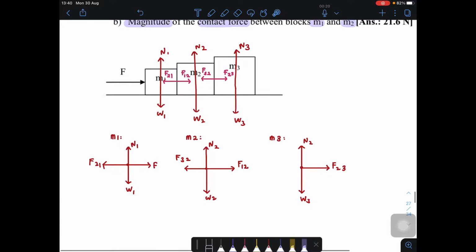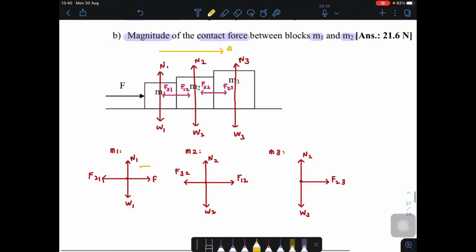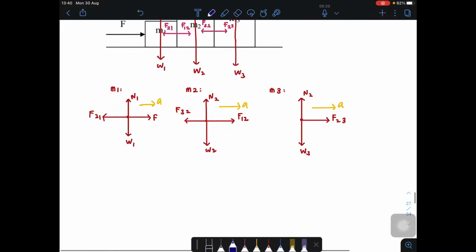So that's the FBD. Now we want to find acceleration. Since force F is going to the right, the direction of acceleration pun going to the right here. So each of these kamu label lah supaya kamu tidak confused dan senang mau refer nanti. Now we want to find acceleration.